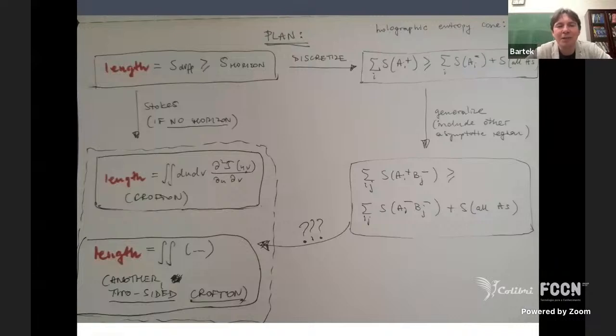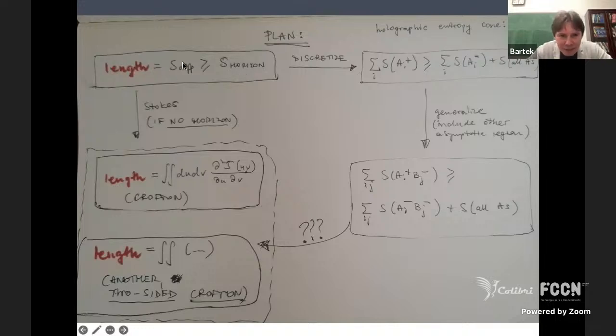Here's the way we're going to attack this problem. We first have the statement that the length of a curve is equal to the differential entropy formula. I assume that the curve wraps around the horizon, so the length of that curve, whatever it is, has to be greater than the horizon. This is a simple geometric fact. Now, I have a formula for the length, and if I use Stokes's theorem, then I get the Crofton formula. But I can only do it if there is no horizon.